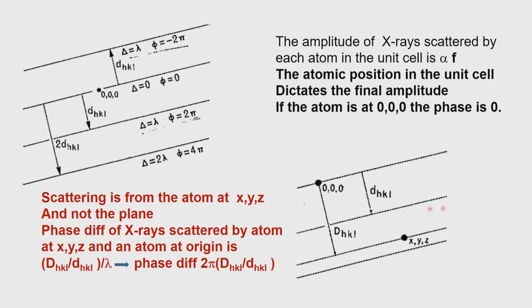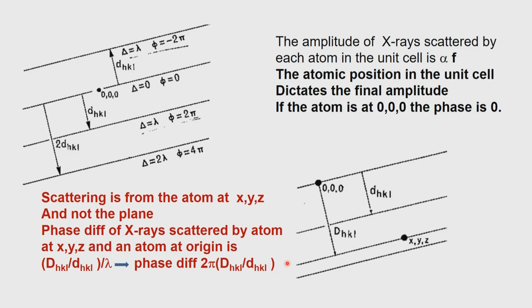So, that therefore will tell us the contribution from xyz could be maximum to certain d of HKL planes, could be minimum to certain d of HKL planes and so on. And therefore, the intensity that is associated with the d of HKL plane, the contribution of this atom xyz to that plane is very crucial, and that comes out from this calculation that phase difference will be 2 pi d of HKL by d of HKL.